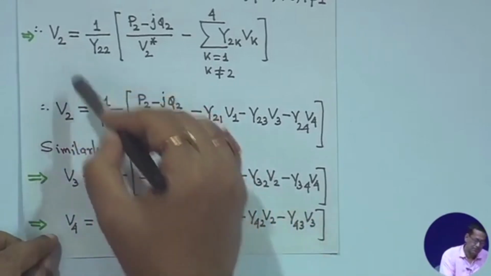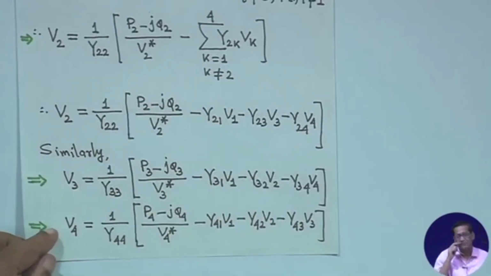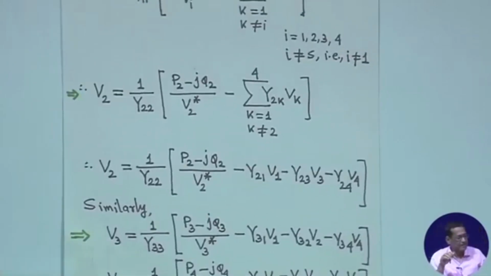These are the three equations for V_2, V_3 and V_4, because in this 4 bus problem bus 1 is the slack bus. So how can one proceed?